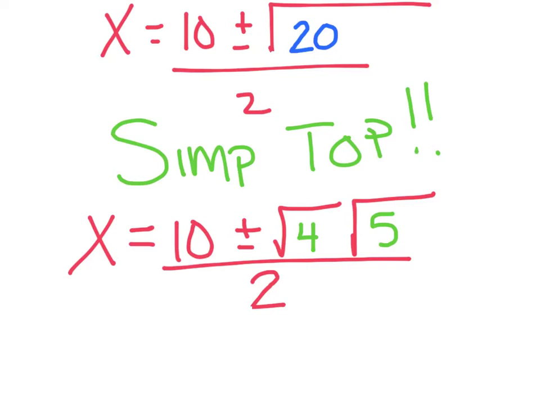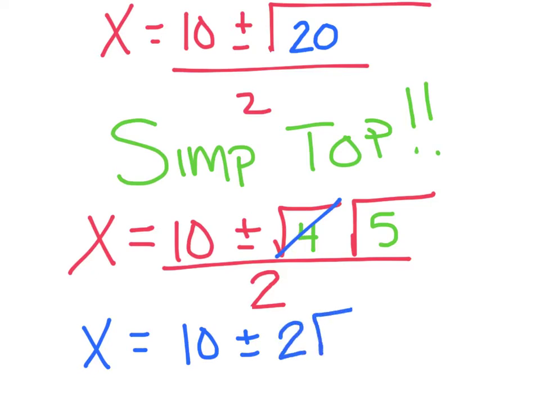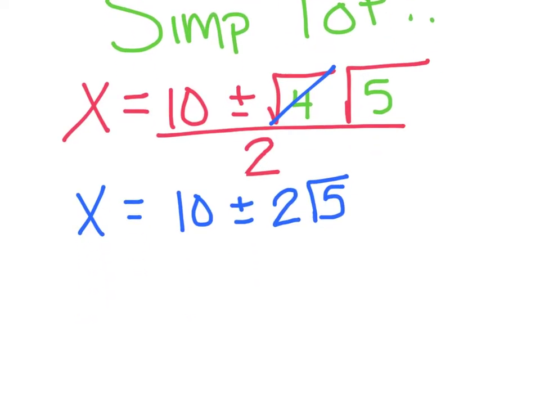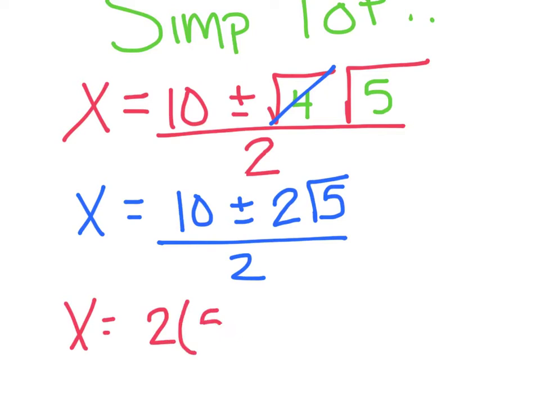All right, you just keep simplifying the top. X equals 10 plus or minus. That becomes a 2 radical 5 all over a 2. Now, we've talked about dividing. Okay, what could you pull out on top? I could factor out the number 2, and I'm left with 5 plus or minus radical 5 all over 2.